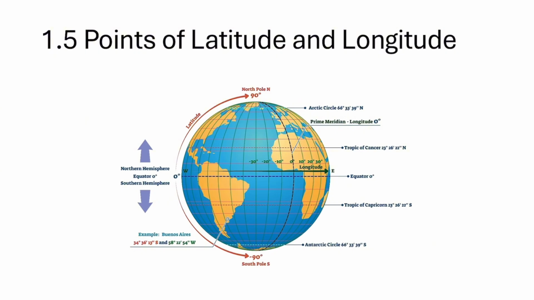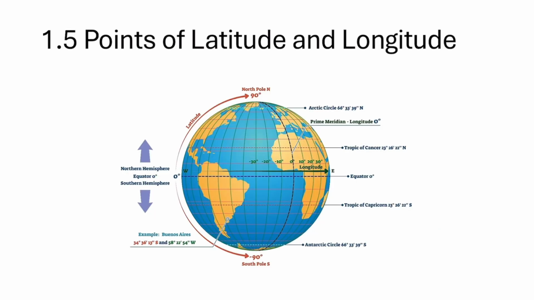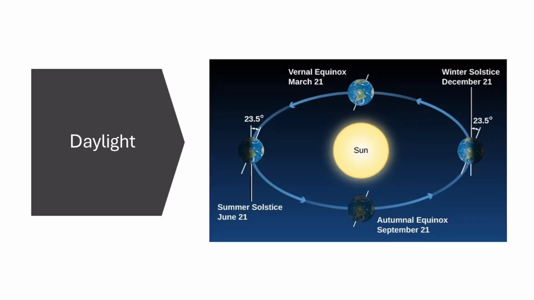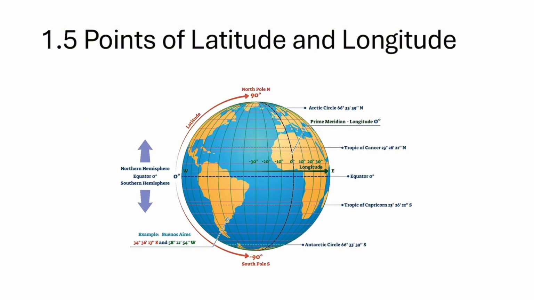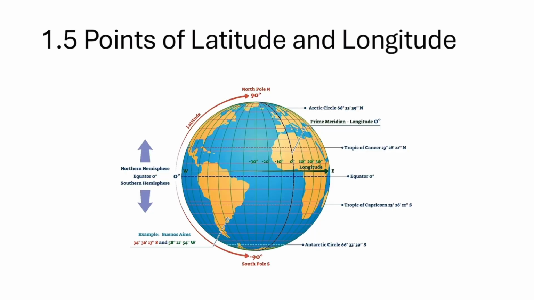And this will also happen on June the 21st for the Arctic Circle, but it'll be the opposite. There'll be 24 hours of complete sunlight. And for the Antarctic Circle, it's the opposite. So there will be 24 hours of dark on the summer solstice and 24 hours of light on the winter solstice.